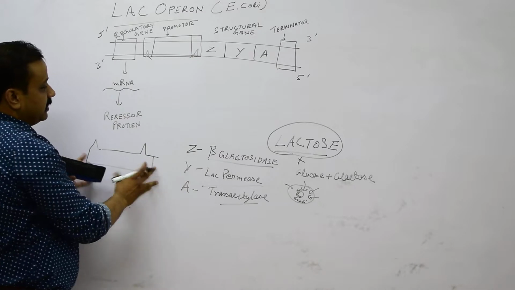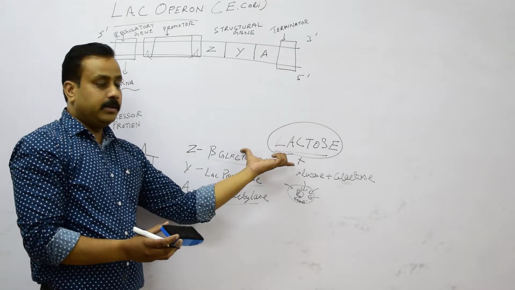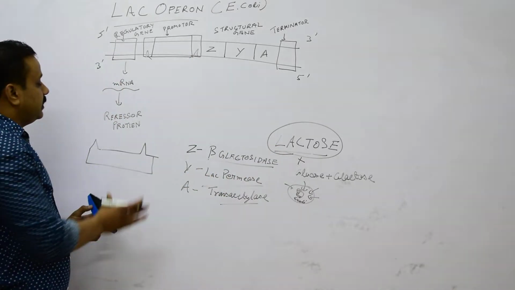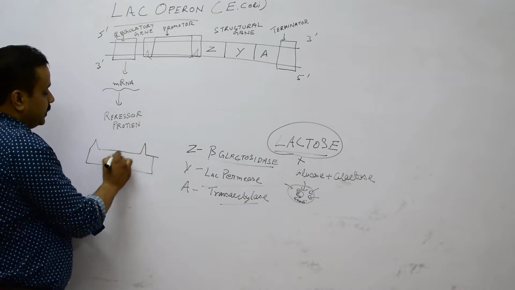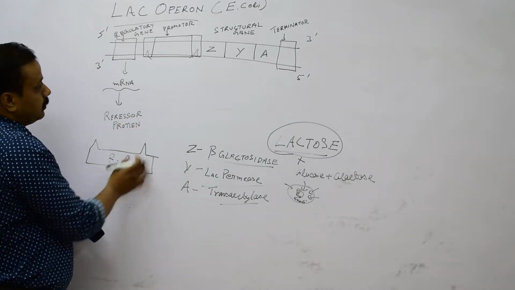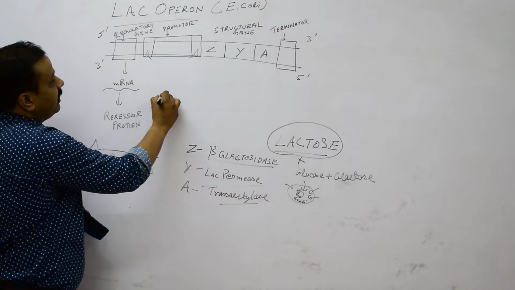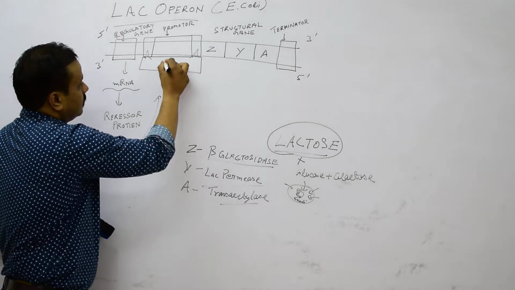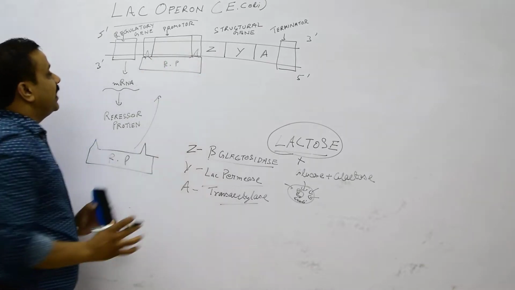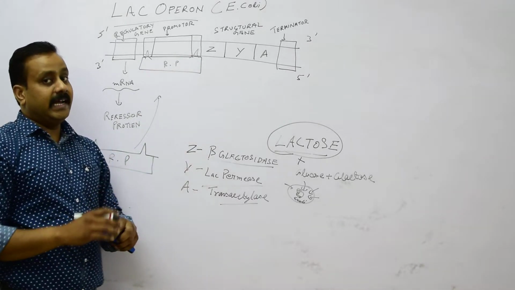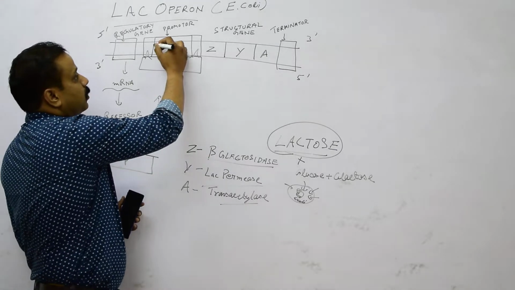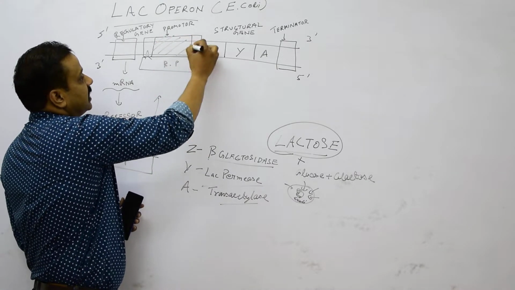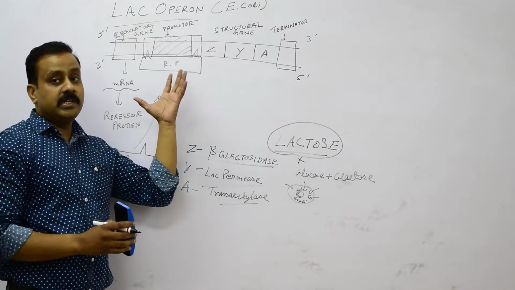When lactose is not there in the surroundings, at that particular time this repressor protein will come and bind on the operator site. When it binds to the operator site, the promoter gene is blocked.